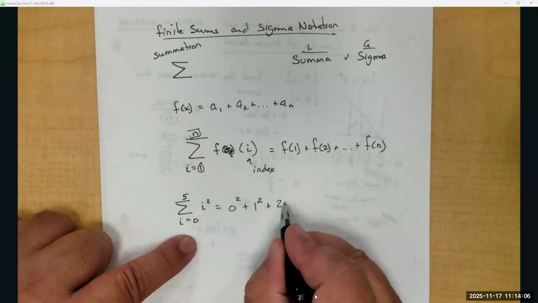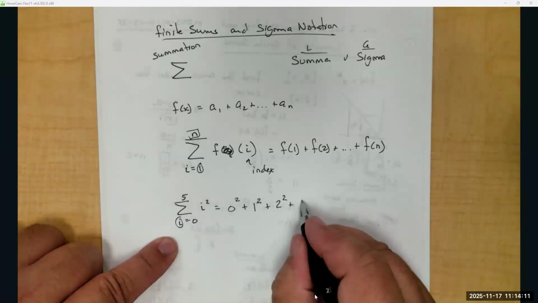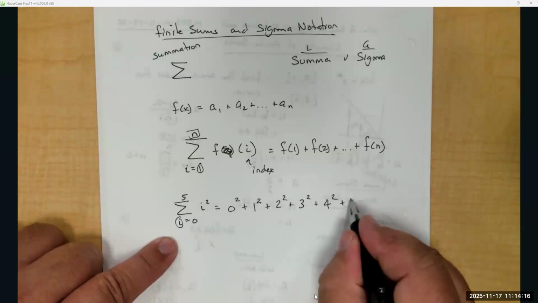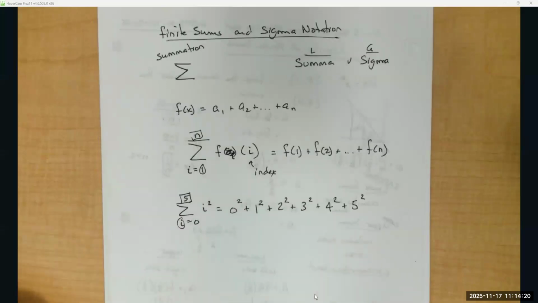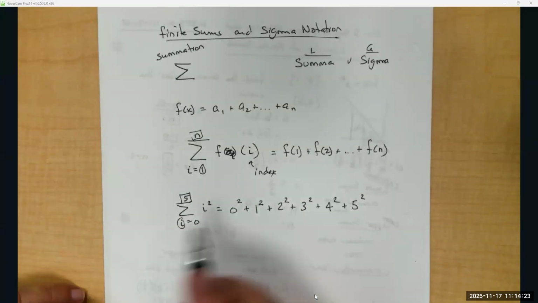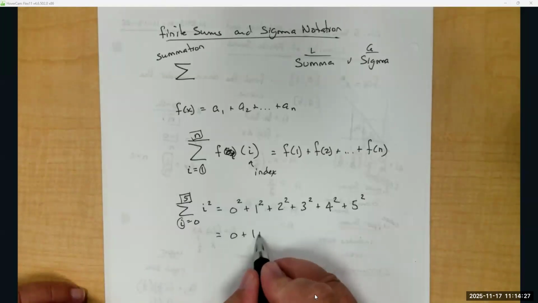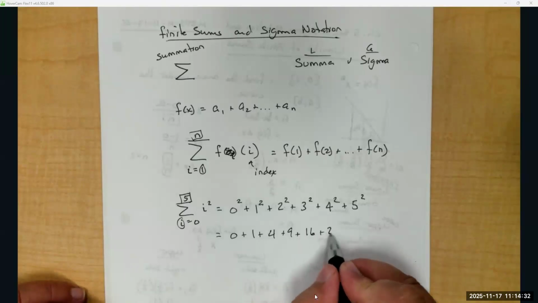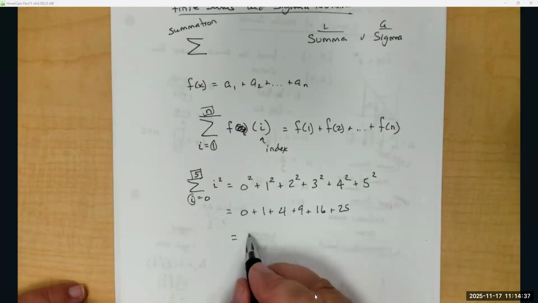The next one is 2 squared, because I'm indexing I. The next one is 3 squared, then 4 squared, and then 5 squared, which is where I stop, because that's my last n. 0 squared is 0, 1 squared is 1, 4, 9, 16, 25. It's 55.